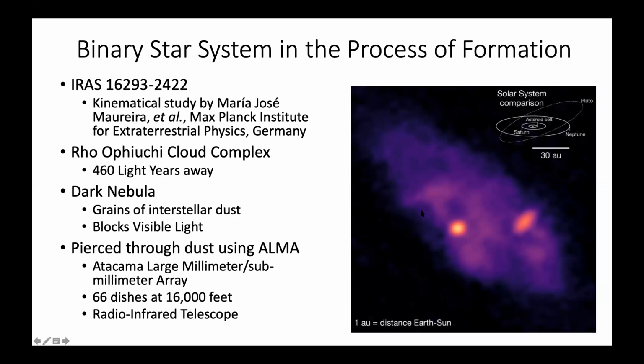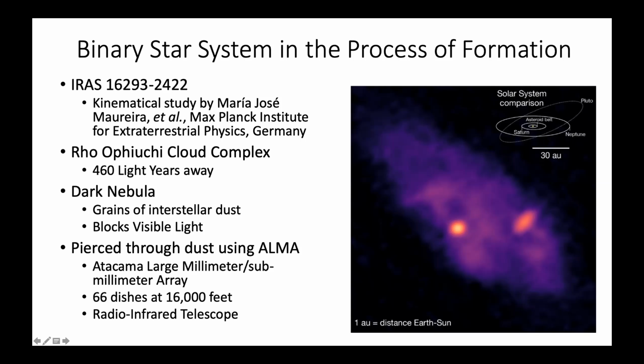What you're seeing is a radio image; ALMA's frequency is somewhere between radio and infrared, in that area where the two meet. This group was studying this binary system that's in the midst of forming.